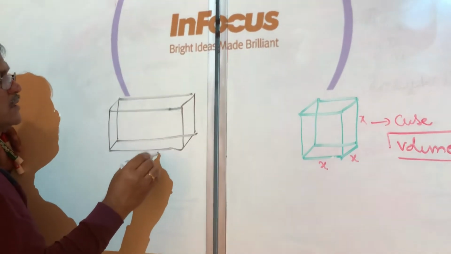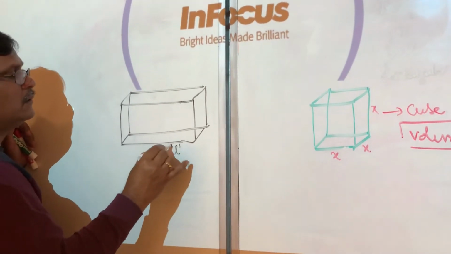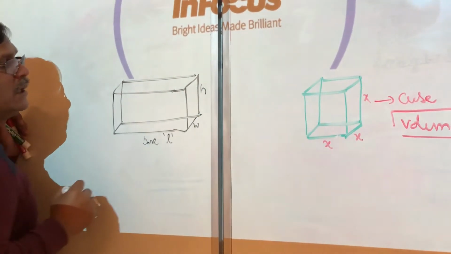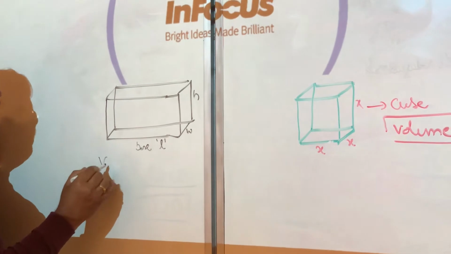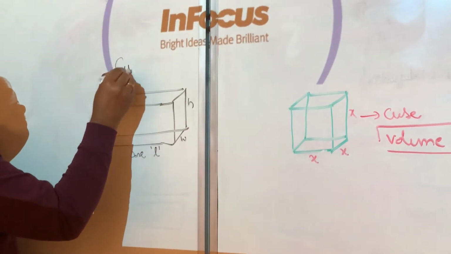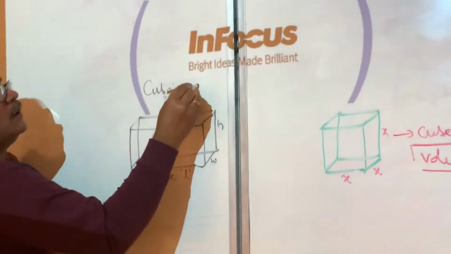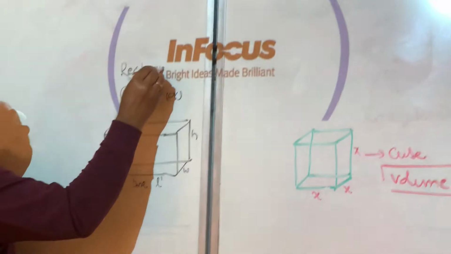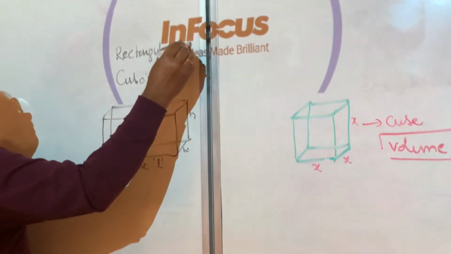If I take this as length L and width W, and the height would be H. So this is called a cuboid, or you can call it a rectangular prism.